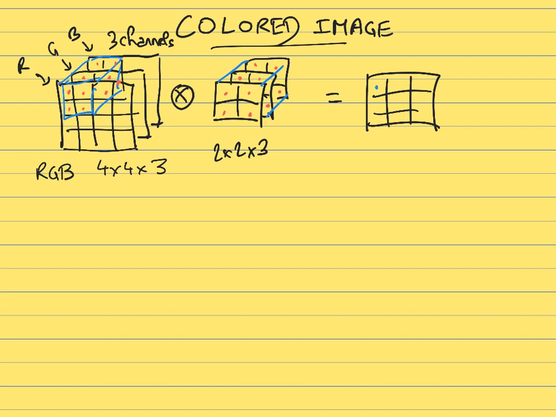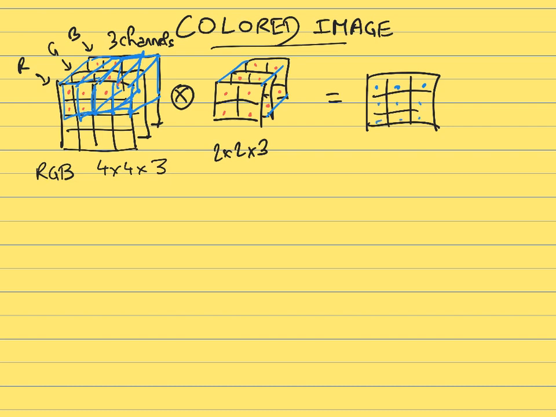Then you will move the filter to a new position like this, and you will get another value here. Then you will move your filter to the last position here, and you will get a new value. Then you will start to move your filter down, and you will get 9 values.